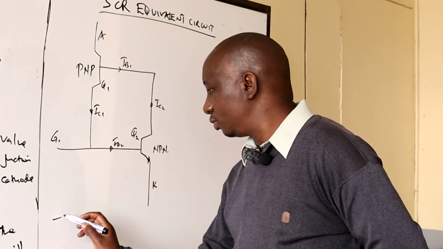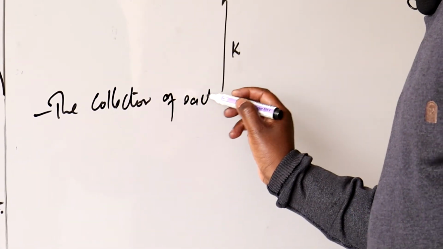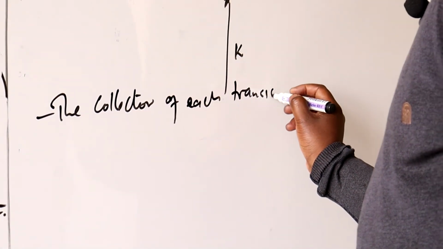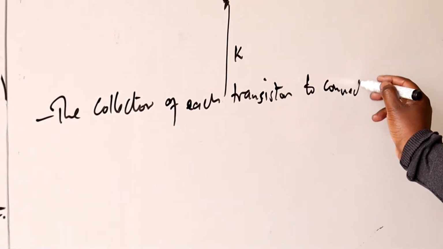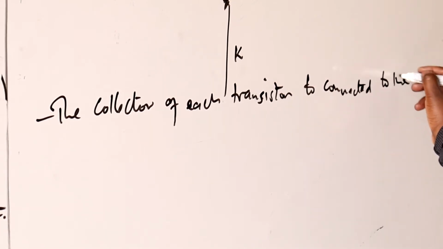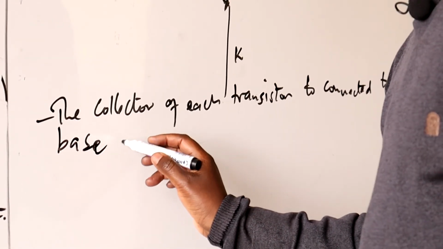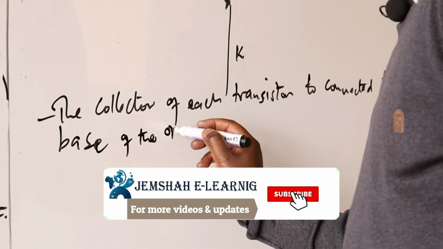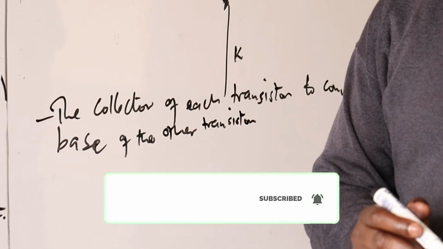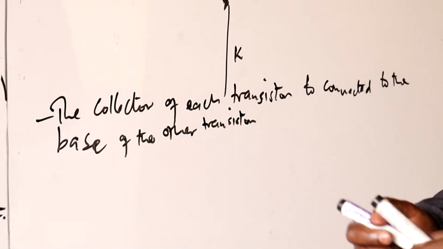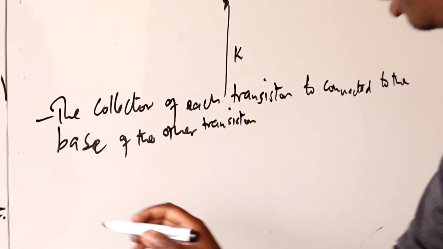The collector of each transistor is connected to the base of the other transistor.